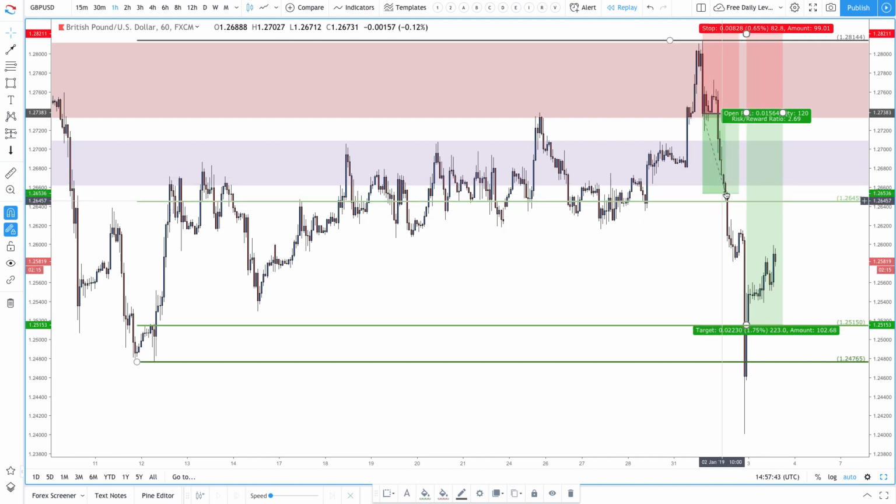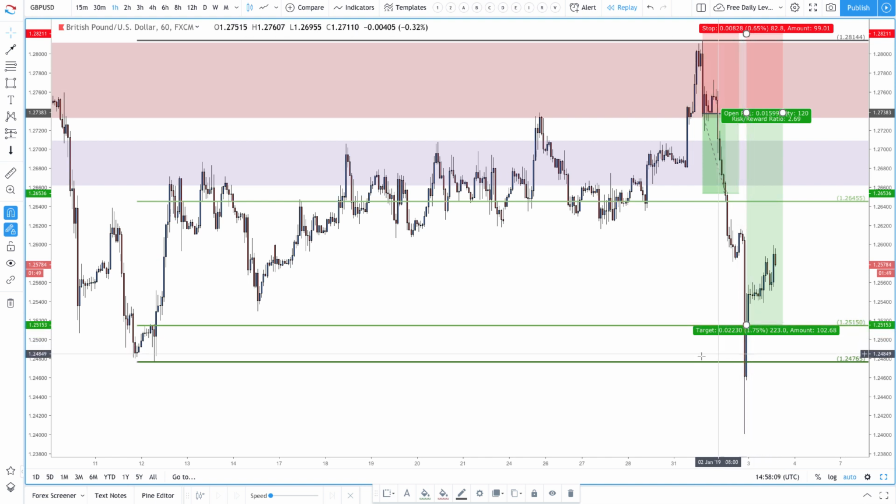If you didn't take profit here at this area here, right, the next best area to take profit is going to be around the lows. Now, what you don't want to do is be left holding the bag. Sometimes, due to this, obviously last night, this bit of a flash crash that happened in the Forex market, but generally what you don't want to be doing is left holding the bag.